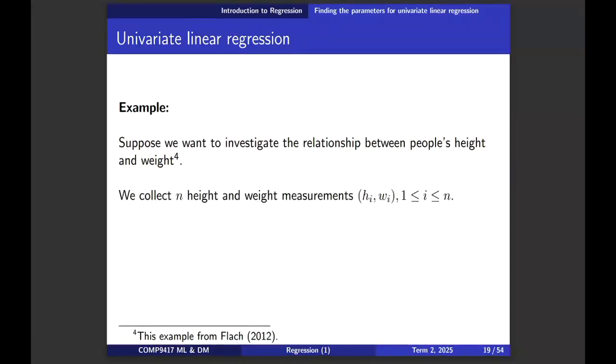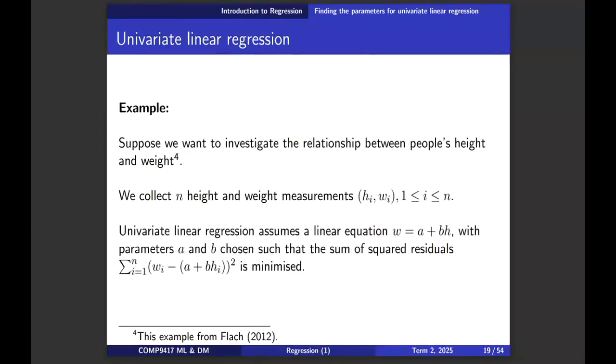So h is the input, x, and w is the output, y. So in this case, w will be a plus bh, the regression equation. And we want to minimize the sum of squares for this.